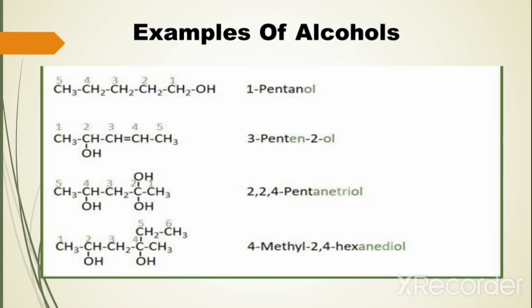And the other example has 6 carbons in the chain, and on the fourth carbon position there are 2 groups, the hydroxyl group and a methyl group, so we will name it as 4-methyl hexane-2,4-diol.